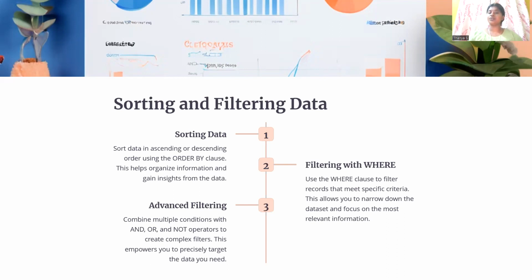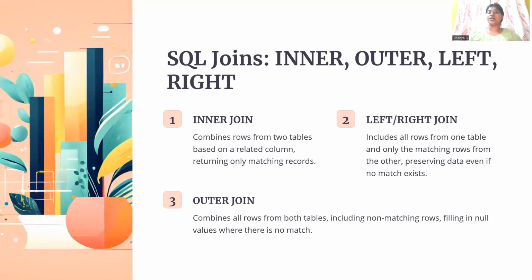This allows you to narrow down the data set and focus on the most relevant information. Next is advanced filtering. Combine multiple conditions with and, or, and not operators to create complex filters. They can empower you to precisely target the data you need.